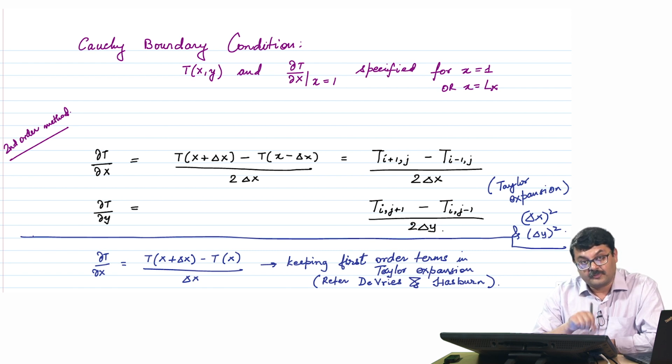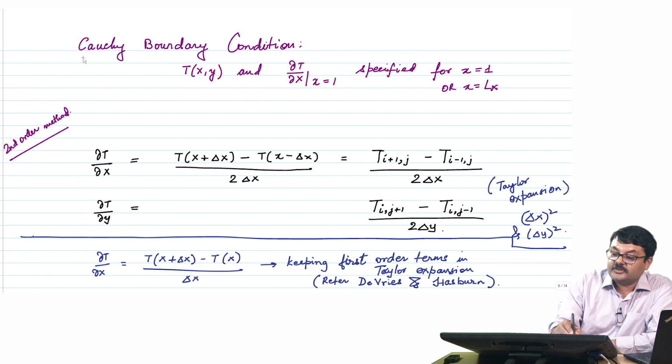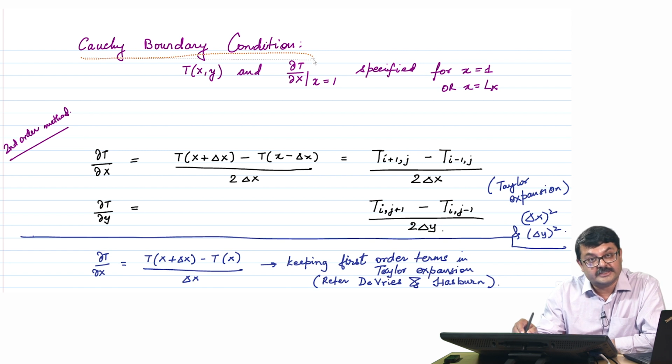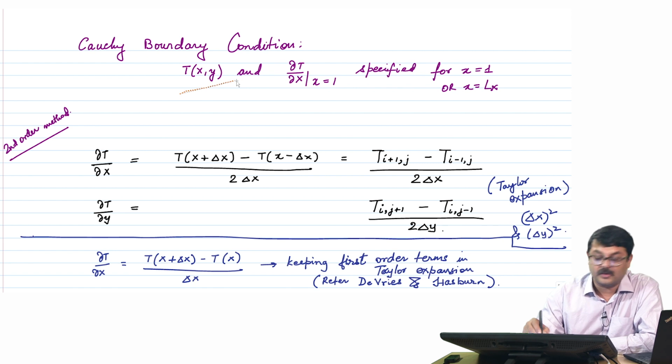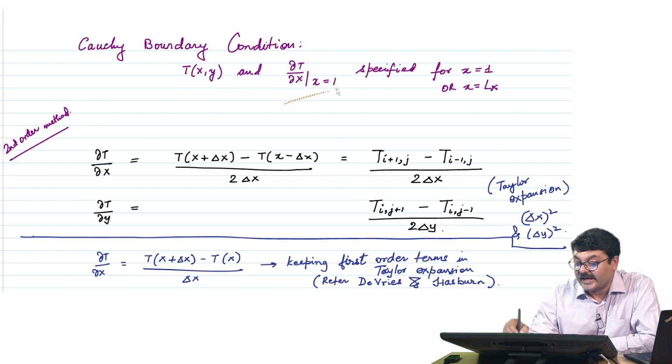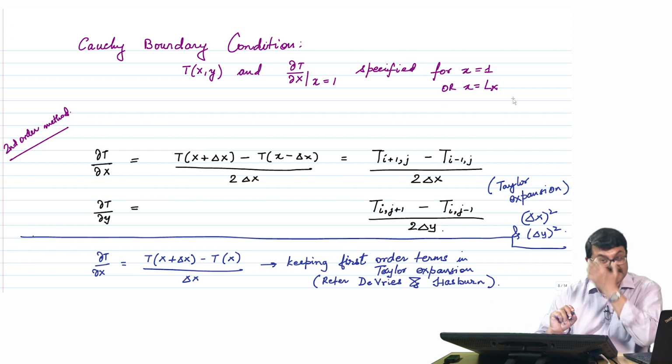Having said that, and before we come down to actually solving a Laplacian with Neumann boundary conditions, let me also tell you that you can also have Cauchy boundary conditions. In the Cauchy boundary conditions, you specify both T, the temperature as a function of x and y only at the boundaries, as well as the gradient dT/dx along the boundaries, and you can specify it along x equal to 0 or x equal to Lx and so on.